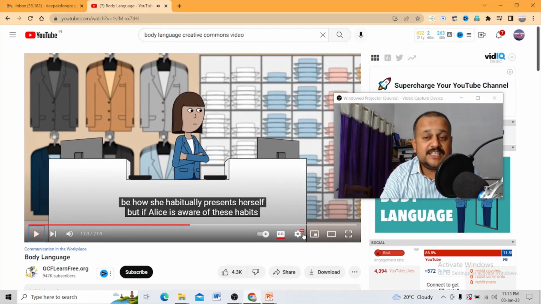See, the word habitual becomes very important for us in this class, because what we are going to deal with in this session is that we are not only studying what body language is and what the different types of body language are, but by understanding these things, we need to understand how positive body language habits can make us a good communicator.